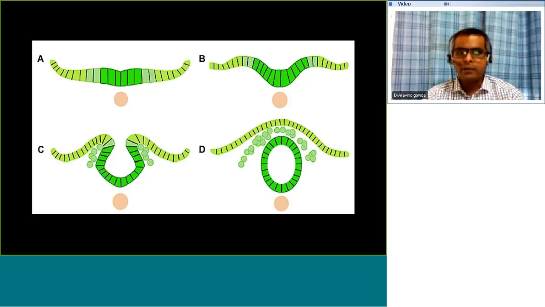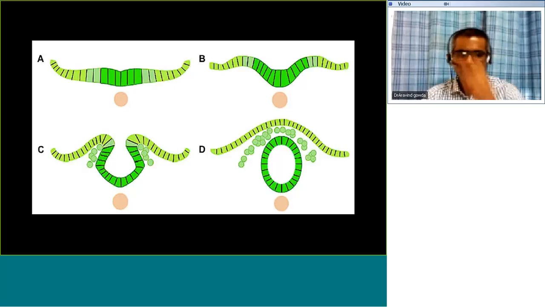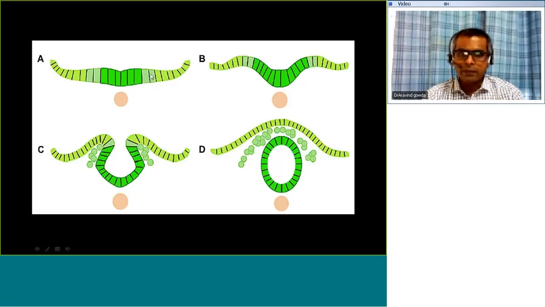Apart from that, under the influence of the BMP proteins, that is the bone morphogenetic proteins, this neuroectoderm gives rise to the formation of the epidermal tissue. Epidermal, as you know, is also ectoderm, that is the skin coverings. They are primitively formed by the primary neuroectoderm.